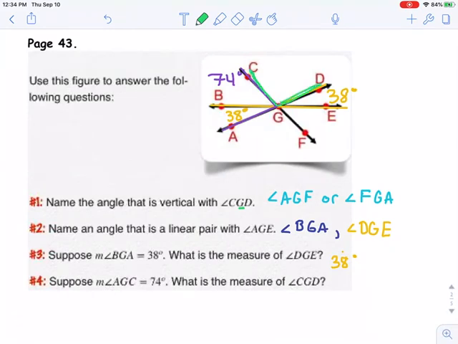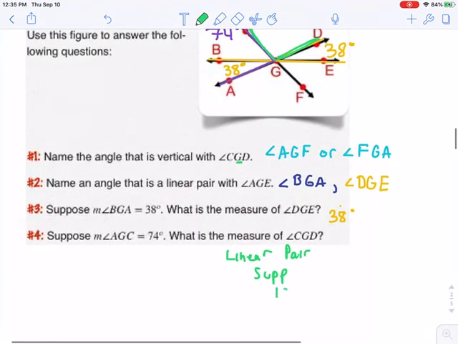So this forms a linear pair. So we can say, well, it's a linear pair, so they're supplementary. So I'm going to write sup. So they're 180. So it's just going to be 180 minus 74, or 106 degrees.